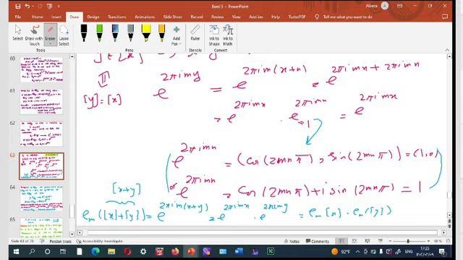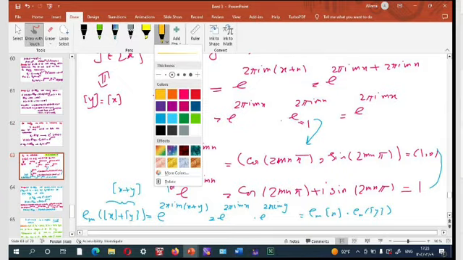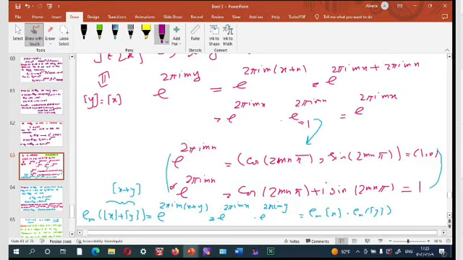This is e_m of x equal to this, and this is e_m of y, and this is equal to e_m of x.